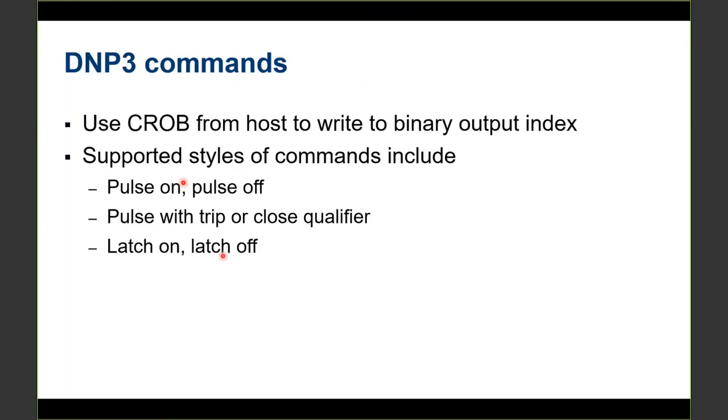But in the DNP protocol, we also have trip close commands. A trip close command is a push command, but with a specific qualifier, and this qualifier tells the slave station whether the master station wants to trip or close the output.